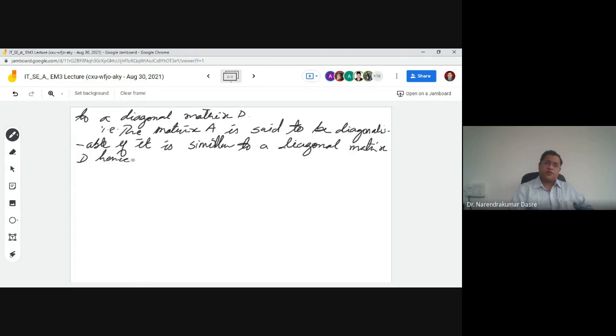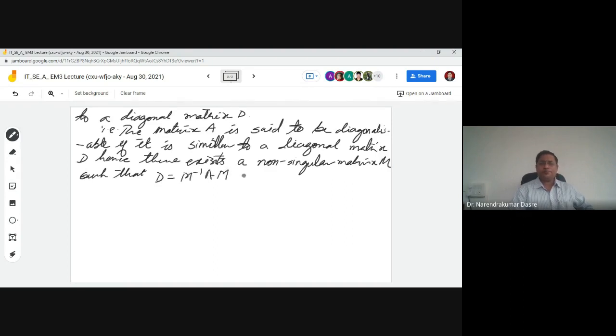Hence, there exists a non-singular matrix M such that D is equal to M inverse A M. And hence we can also write A is equal to M D M inverse.